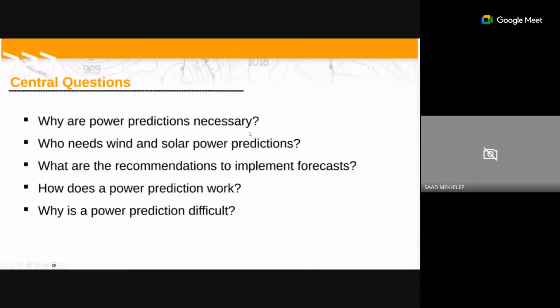So why is power prediction necessary? I think we mentioned that just now. Who needs them? I think we answered this. This is very important. What are the recommendations to implement the forecasting? Like short term, very short term. How does the power prediction work? And then why is it difficult?